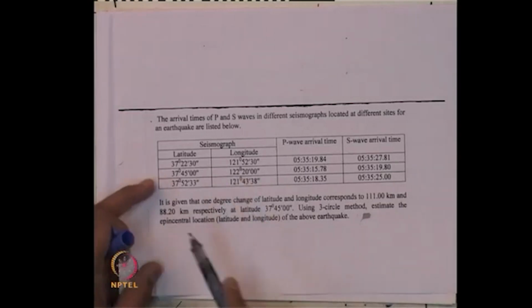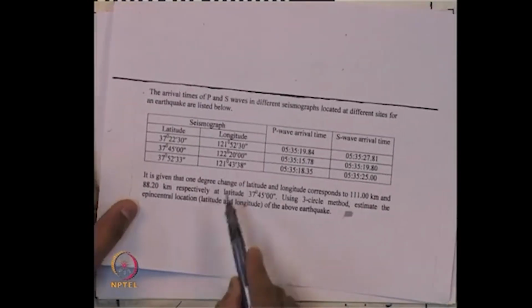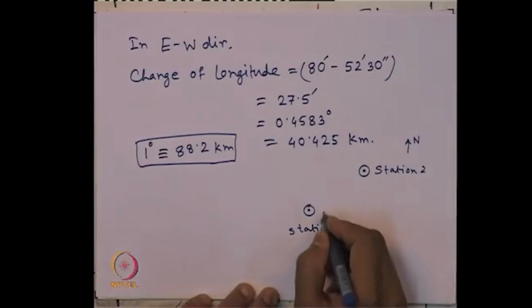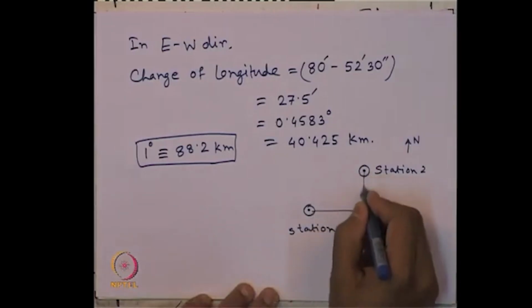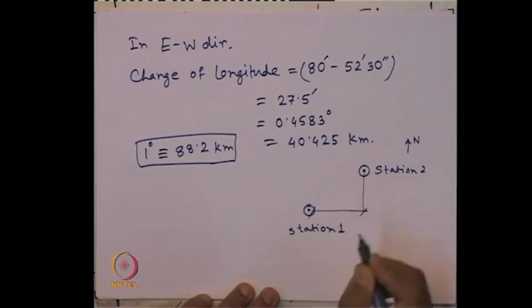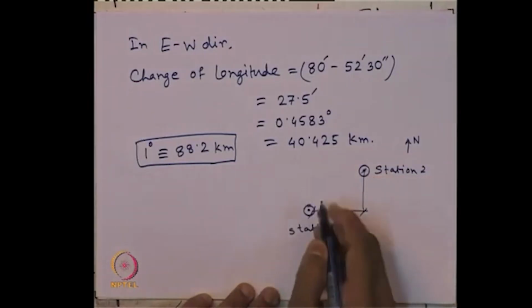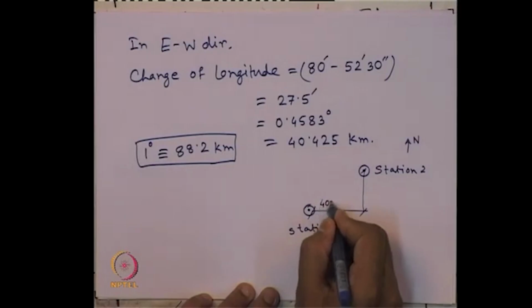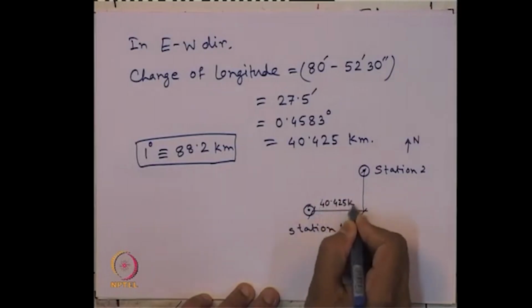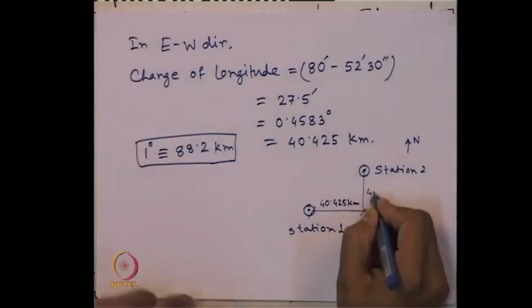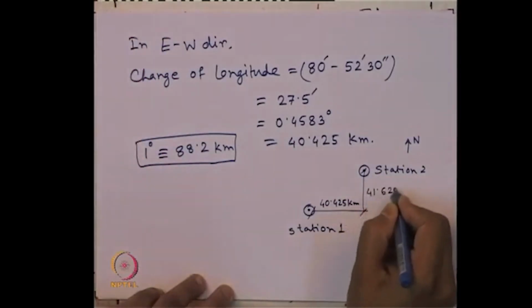So, station 1 should be at the west of seismograph station 2. You have to see this very carefully, and then you can put the distance. This distance is now known and this distance is known. This we have already computed. So, the longitude distance corresponds to this 40.425 kilometers, and this one corresponds to 41.625 kilometers.